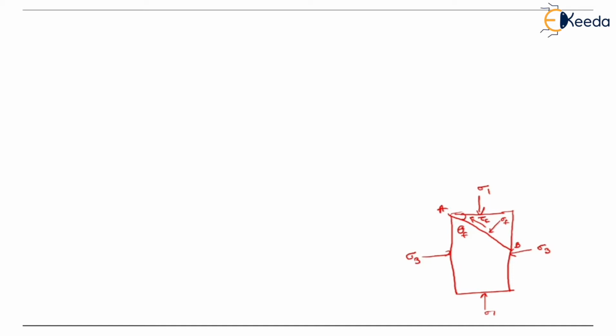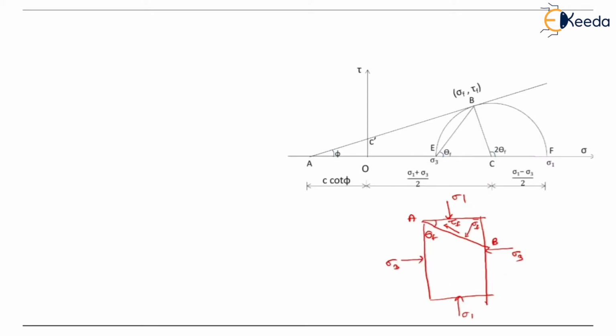So this stress system can be represented on a Mohr circle. Now this is the Mohr circle for the stresses on the soil element. Here point F represents major principal stress sigma 1, point E represents minor principal stress sigma 3.